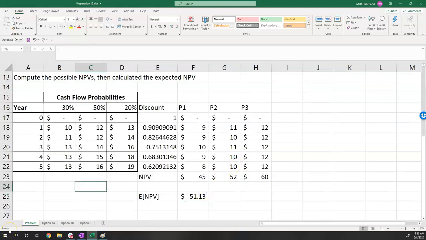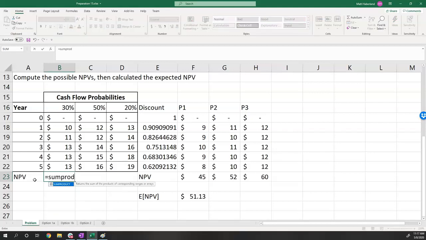Should mention that there's a little bit more compact way of doing this. When we've got lots of possibilities, you don't want to have all these extra columns. So a much more compact way of calculating the net present value is the SUMPRODUCT function. The SUMPRODUCT function in Excel does exactly what you need to do to calculate net present value.